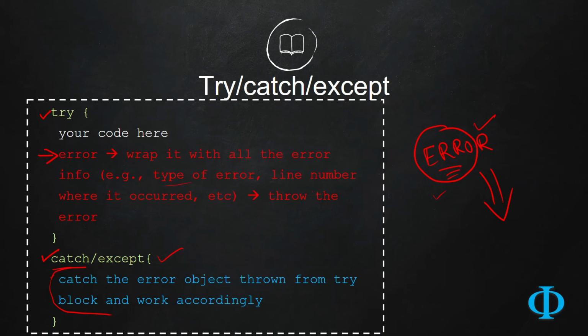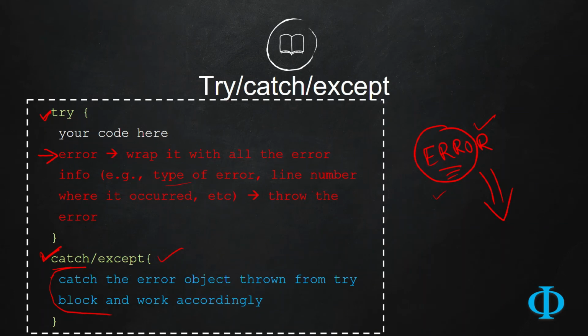So this is how in most object-oriented programs you can handle errors in a better way. Just enclose your code inside this try and catch block to avail this facility.